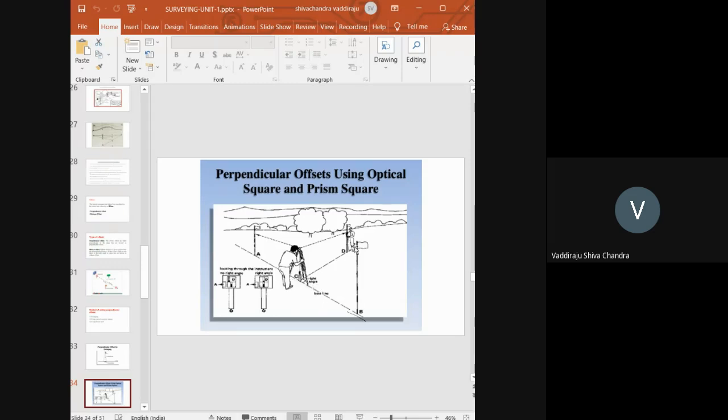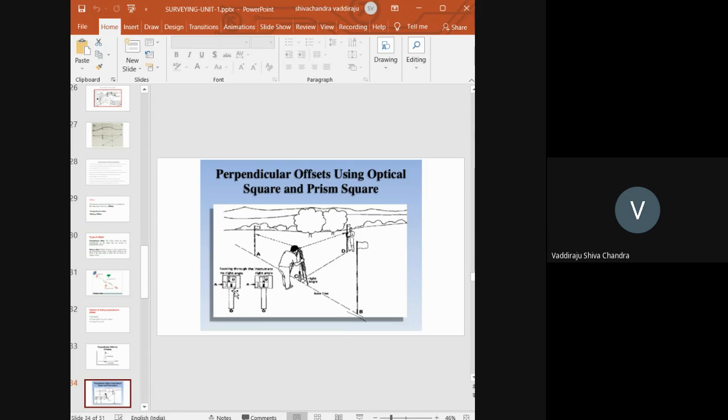So when I am at an approximate position, you can see in the bottom figure, D is at some position and A is at some position. These two are at different positions. So I'll try to move towards left or right along the chain line AB so that the images of D and A come in the same line. Here you can see in the second figure. Okay. In the first figure you can see there is a difference.